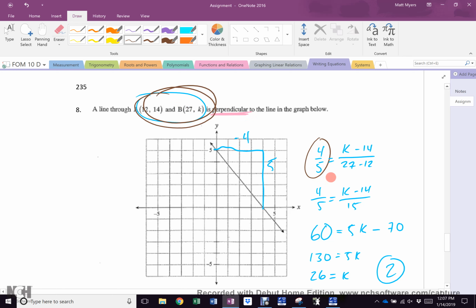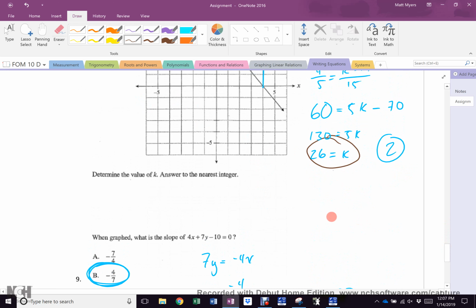So, oh man, I forgot to perpendicular it. Didn't I? Oh no, I did. 5/4 was the slope that you had, so I changed it to 4/5. Because this slope was negative 5/4, so I made it positive 4/5. Then I cross-multiplied to get k equals 26. And that gets you 2 points. It should have only been 1, but the choices disappeared.